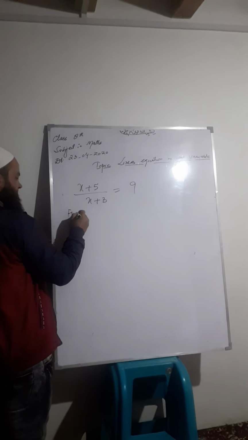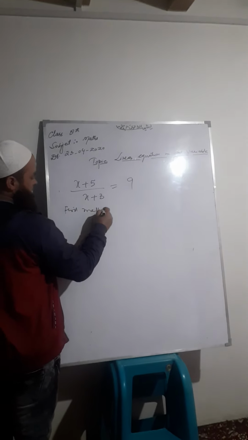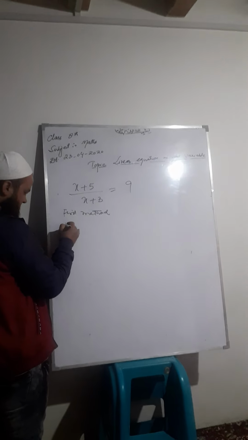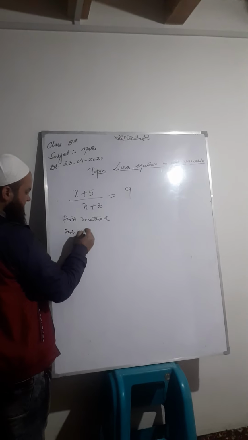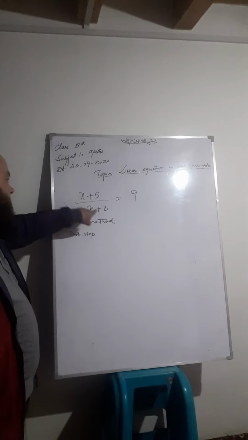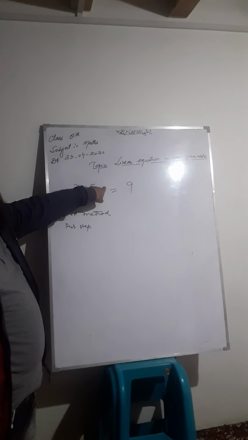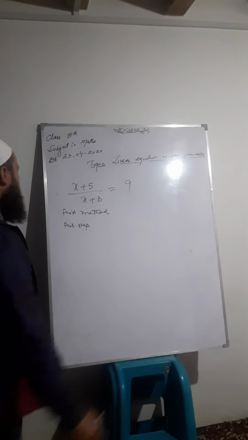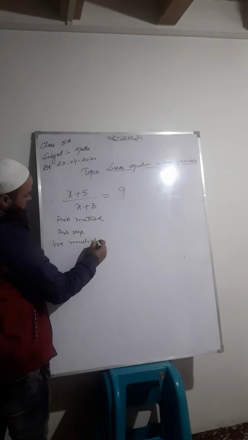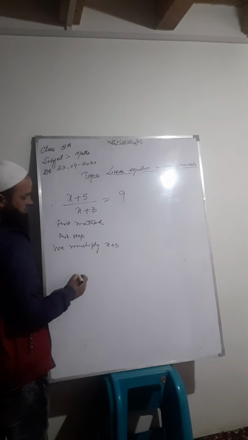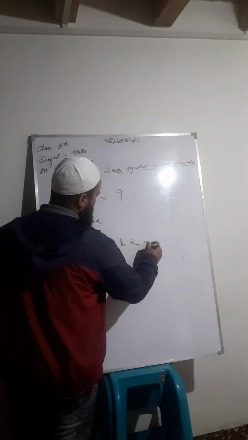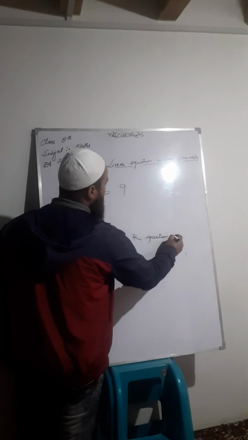First method, and first step of this method. What do we have to do? We have to multiply x plus 3 to this equation, on both sides.